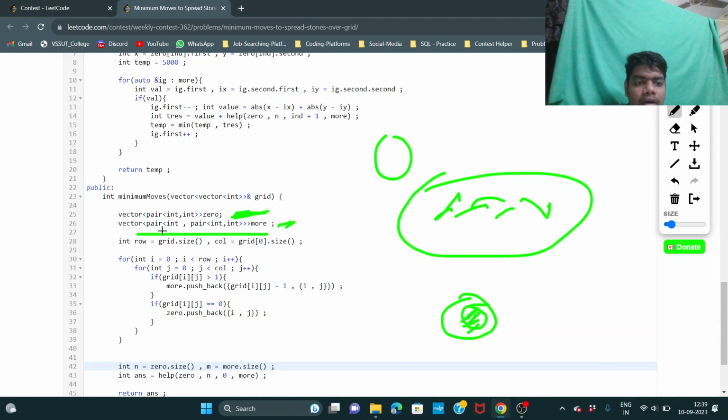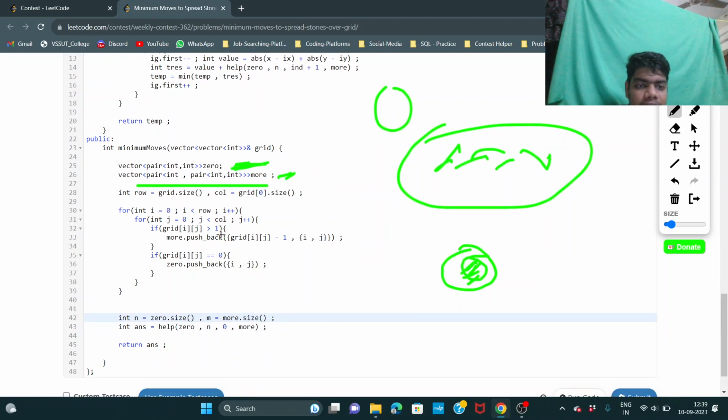If the value is greater than 1, then value minus 1, because I have this many stones, and I'm going to replace this 0 with some other 0 in other cells, and this is the position. I think this is understandable.